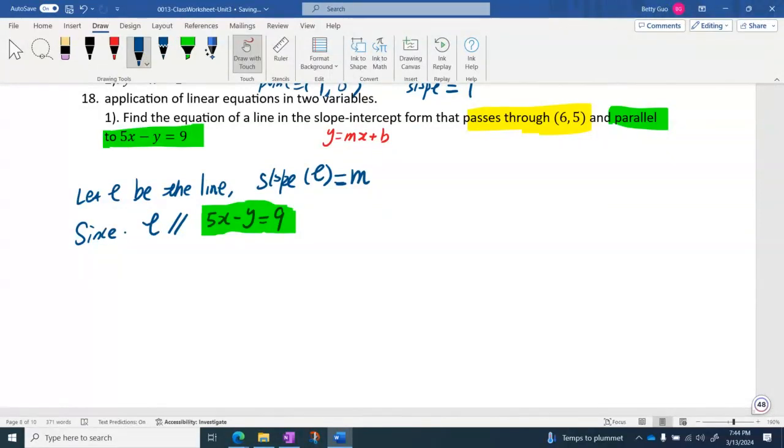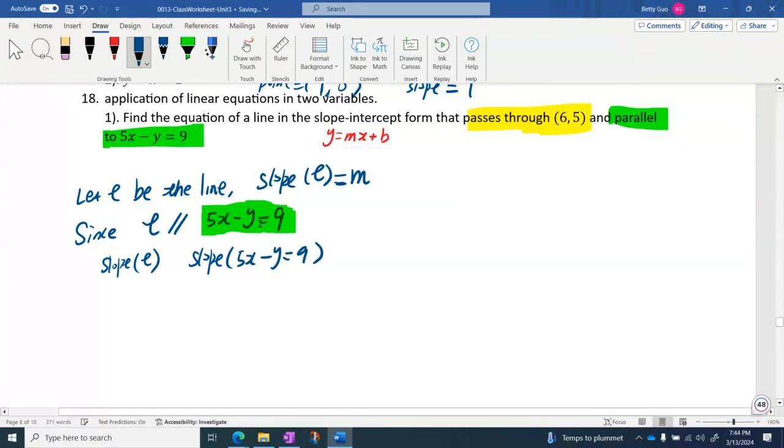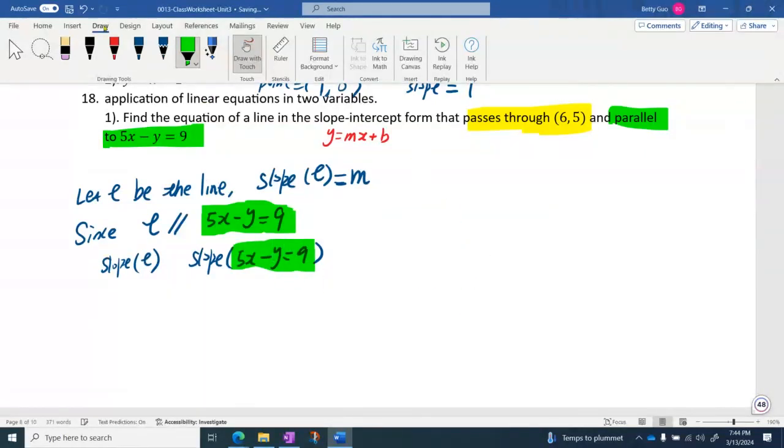Since they are parallel, we know the slope of the two straight lines. What happened to the slopes? If we know two straight lines are parallel, what happened to their slopes?